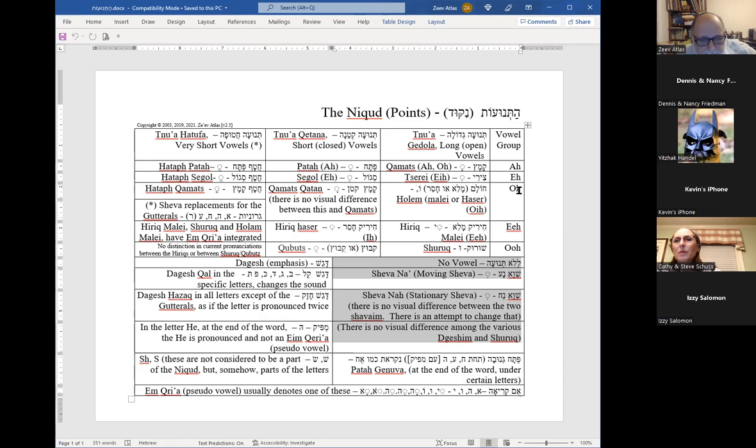I'm not going to the rules of the dagesh. The dagesh, what it does, it either changes the sound of six of the letters, the bet gimel dalet kaf pei taf, or in the other letters, it denotes that we duplicate the letter. I'll show you an example. I'll demonstrate it. Here, let me share it.